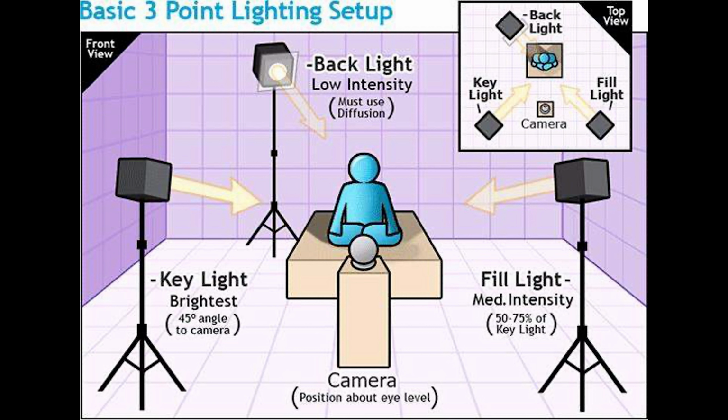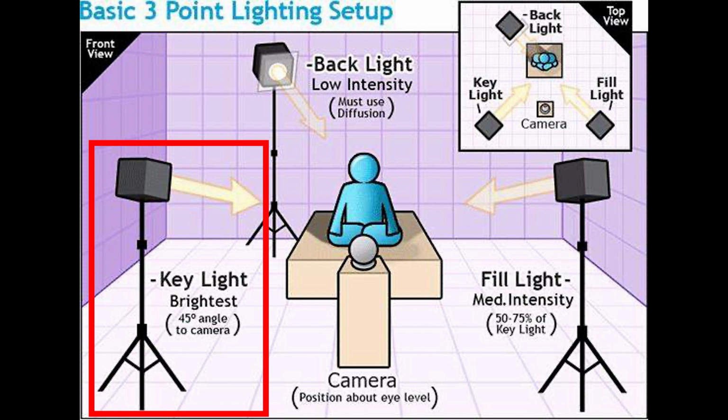But I also want to give the health warning of not freaking you out with the idea that you need this kind of lighting setup for your practical production. You don't. What I do want to do at this point is focus on the key light. The key light is called that because it's our main light source, and I want you to think of it as the sun.